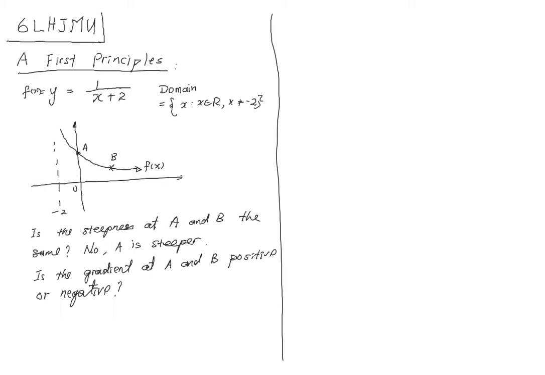Okay, the gradient is negative because when x is increasing, y or my f(x) is decreasing. Am I right? So from the graph, I also can make this conclusion.